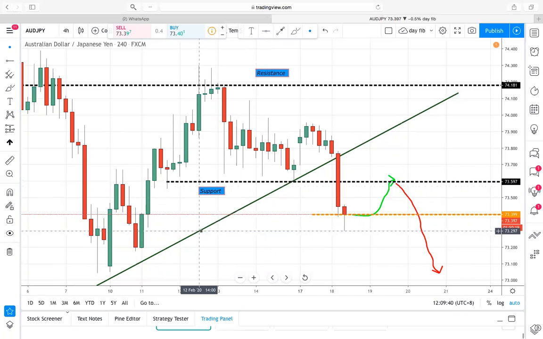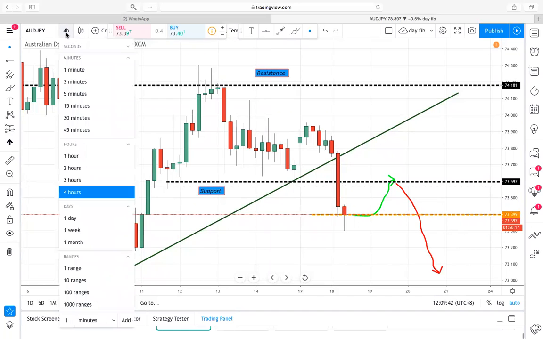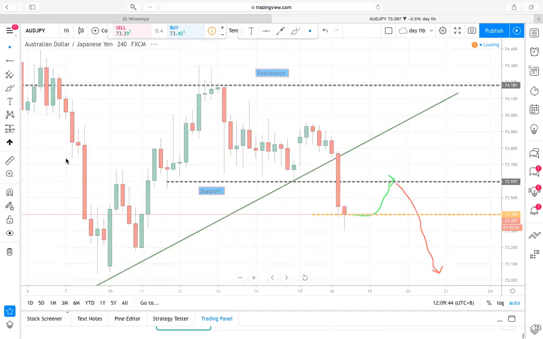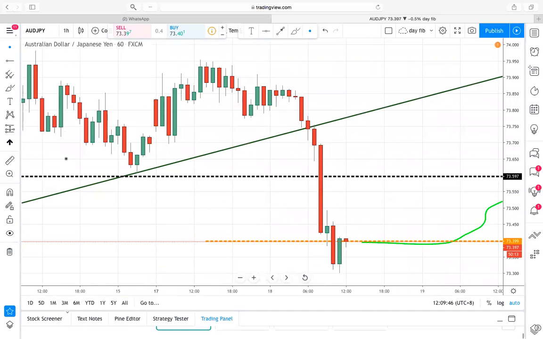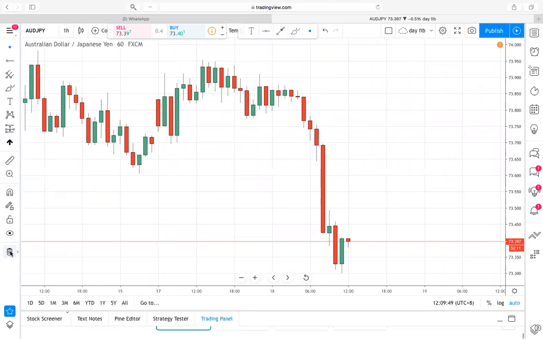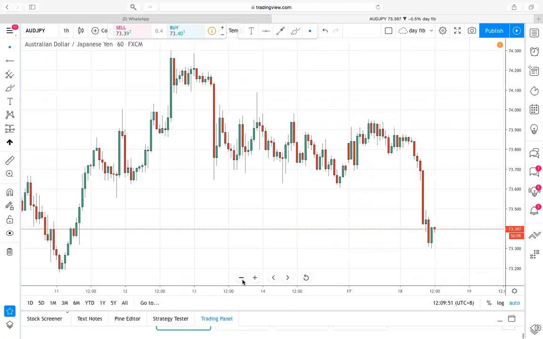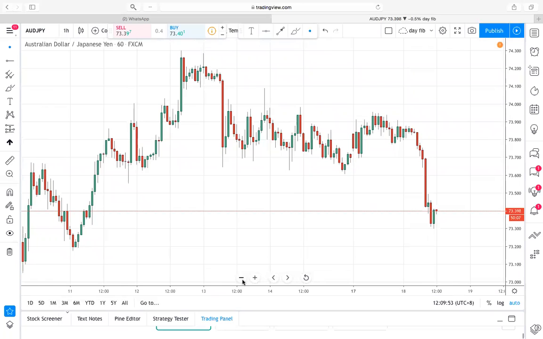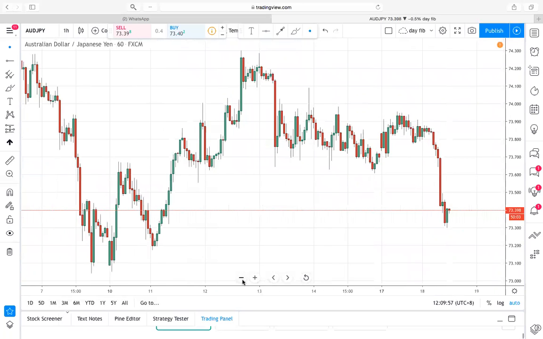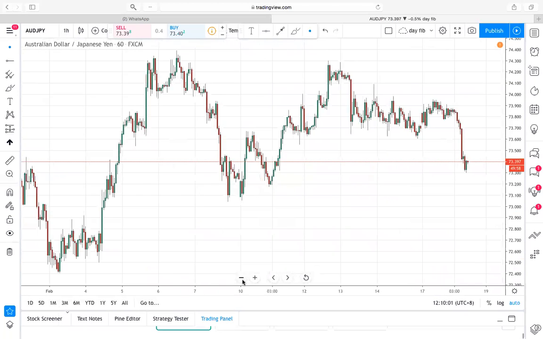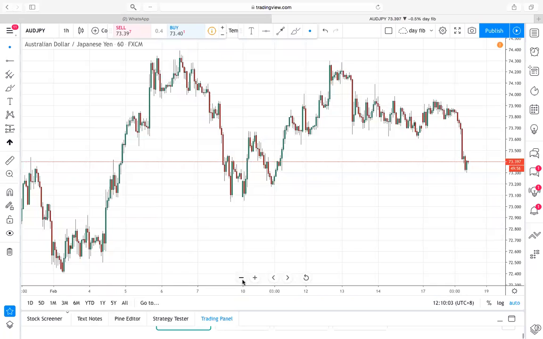Next I'm going to show you how to use the trend line to buy or sell a contract, where you buy and how you exit your position.